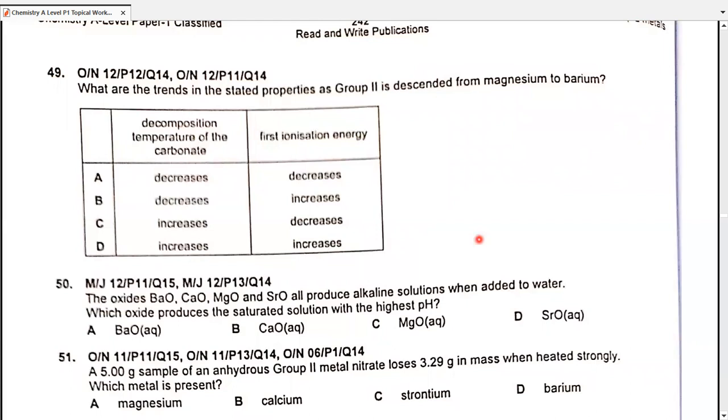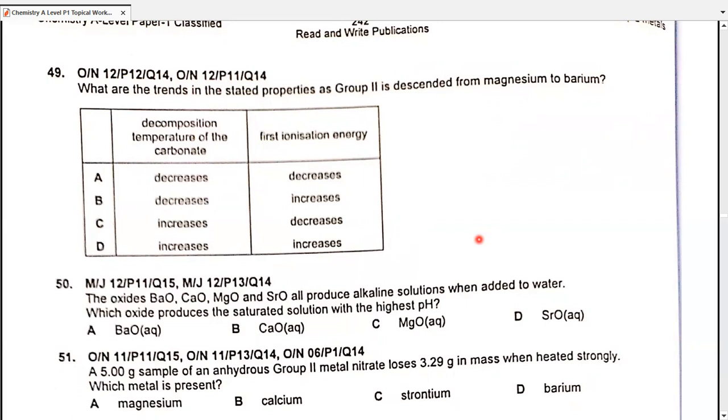Yes. 49 is too easy. 50. 50 is also easy, but there's a trick. Barium oxide, calcium oxide, magnesium oxide, and strontium oxide all produce alkaline solutions when added to water. Which oxide produces a saturated solution with the highest pH?